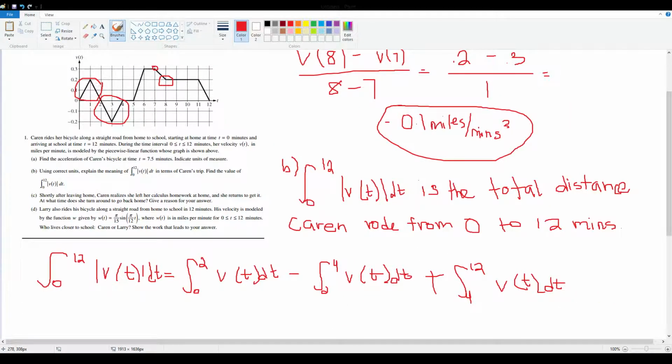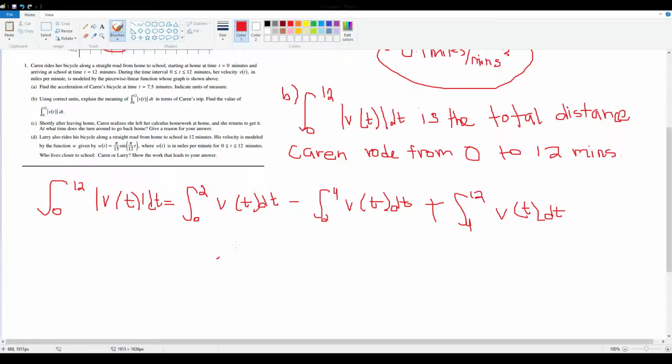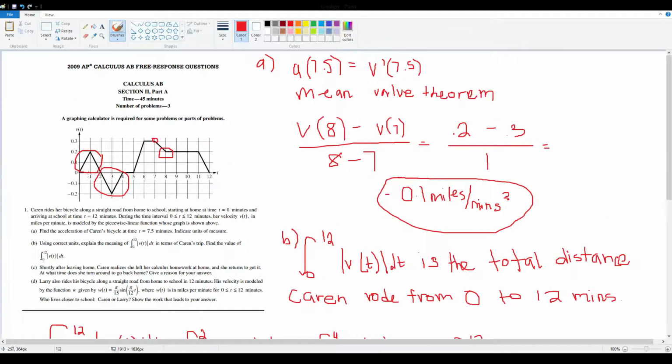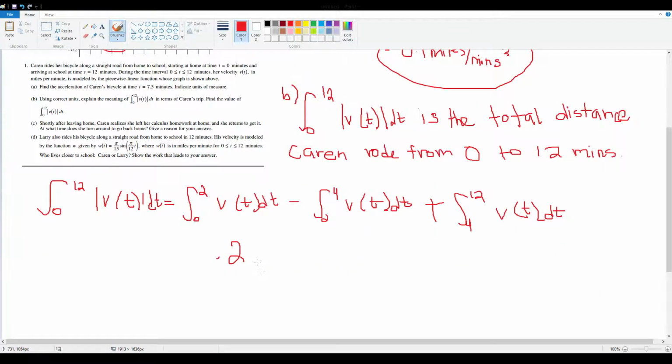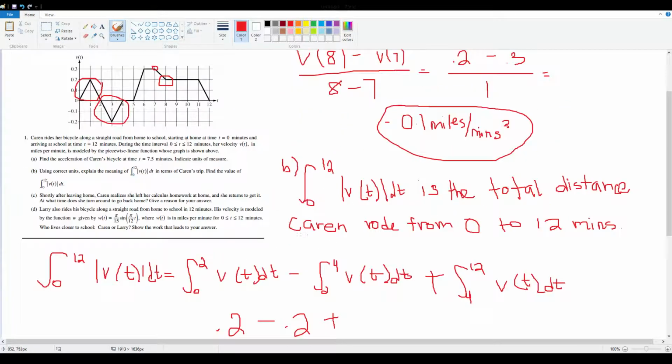By looking at the graph, from 0 to 2 it's going to be 0.2. And from 2 to 4, it's also 0.2, so you're subtracting 0.2. And then you're going to add from 4 to 12.